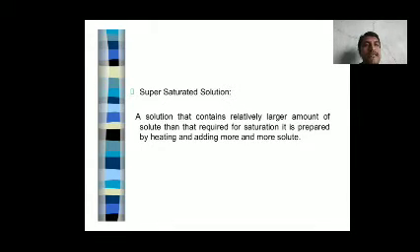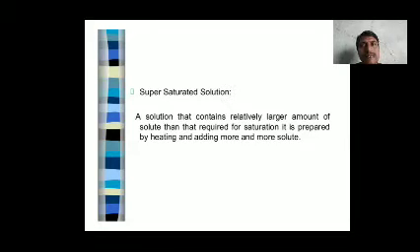Another classification is by the relative amount of solute and solvent. These solutions are three types: saturated solution, unsaturated solution, supersaturated solution.